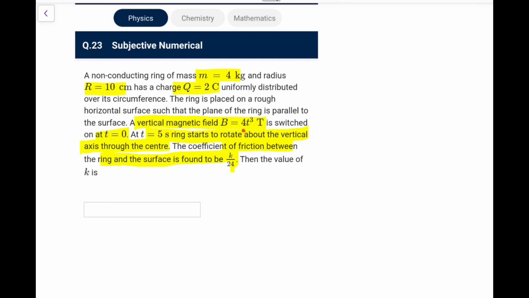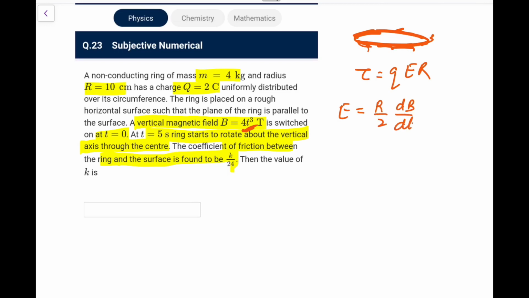Now, because it is a time varying magnetic field, at the periphery there will be some electric field acting that will exert a force QE, and it will produce a torque. The torque would be equal to QER. You can directly say F into R, that is QE into R. So now my logic is to find the electric field. Because it would be at an internal point, it would be R by 2 into dB by dt.